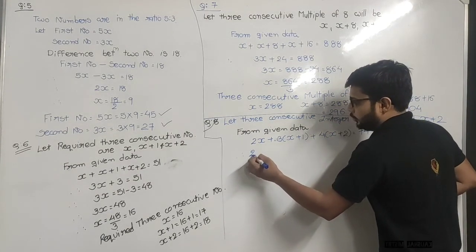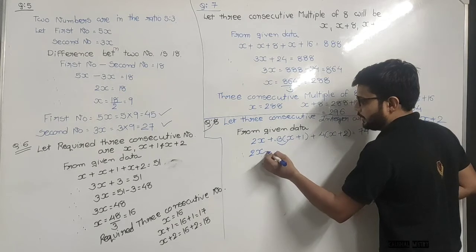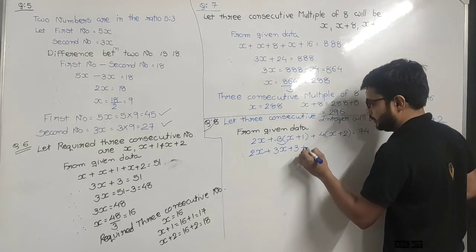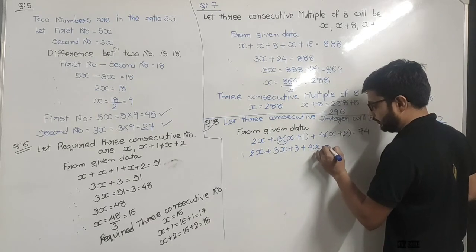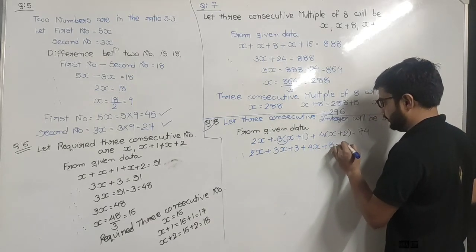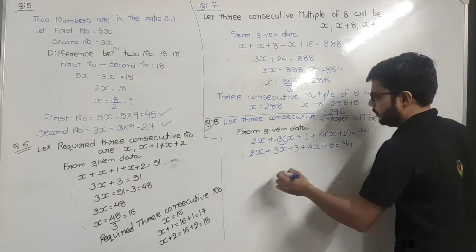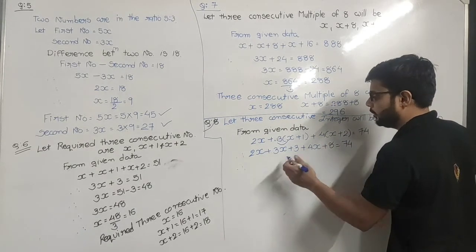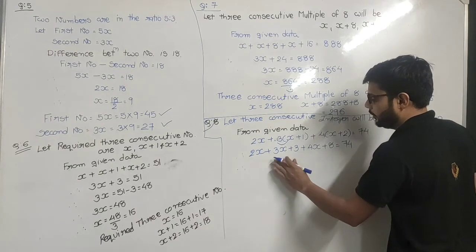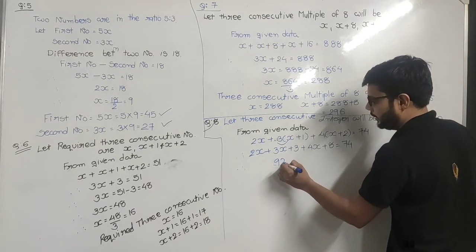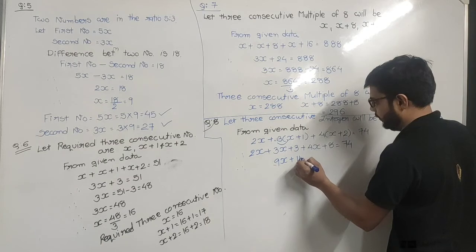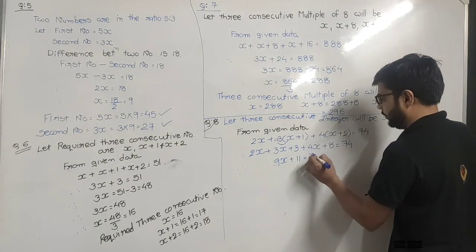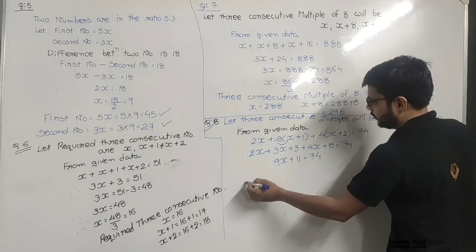So therefore 2x, 3 multiplied by x plus 1 is 3x plus 3, and 4 multiplied by x plus 2 is 4x plus 8, that is equal to 74. Therefore 2x plus 3x is equal to 5x, 5x plus 4x is 9x, plus 3 plus 8 is 11, that is equal to 74.